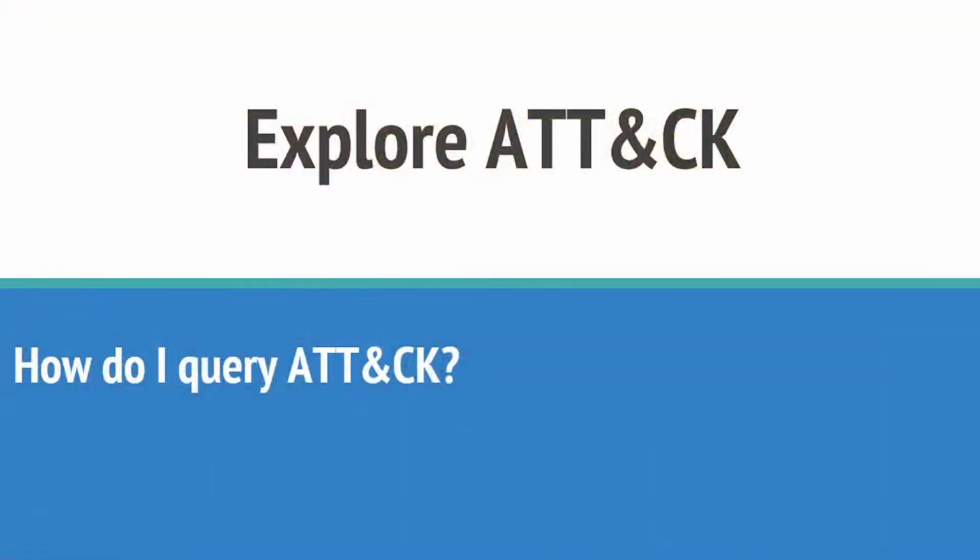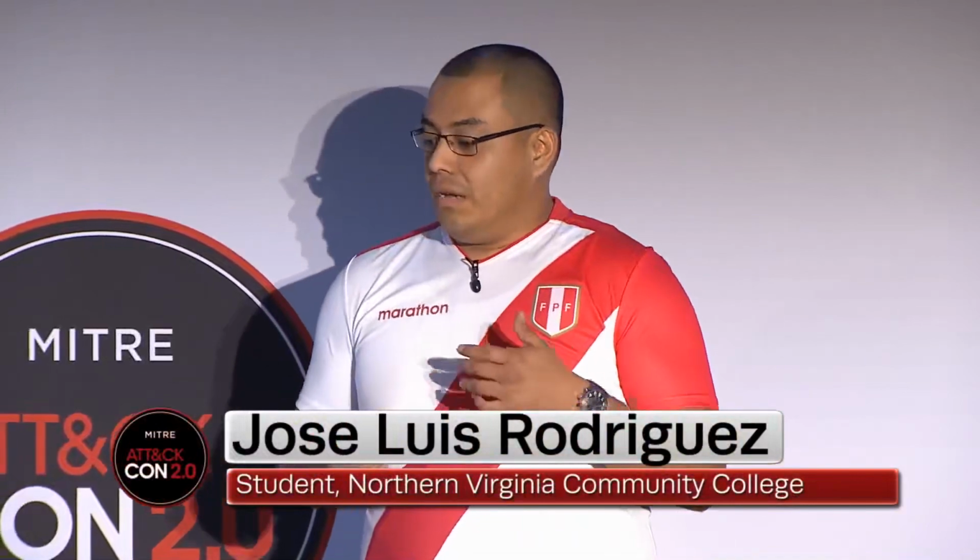We would like to start our talk by giving you an idea of how you can query all the information you have in ATT&CK. The way we like to do this is using the public TAXII server that ATT&CK has, where all the information from ATT&CK is available in STIX format.